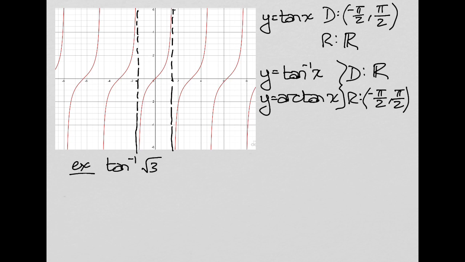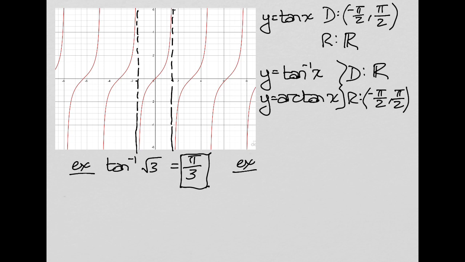And we can use the unit circle for that. The angle whose tangent value is the square root of 3 is pi over 3 in quadrant 1. And we're done. So the tangent of pi over 3 is root 3. The inverse tangent of root 3 is pi over 3.